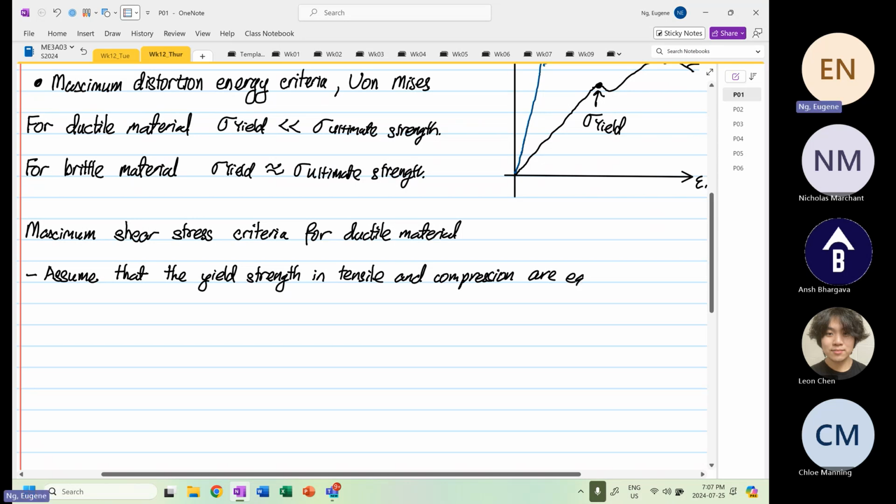Okay, so if you load the material up in tensile and compression, they are equal.